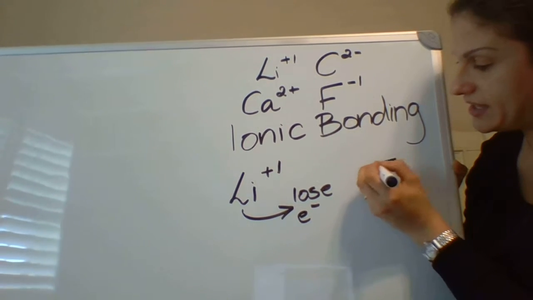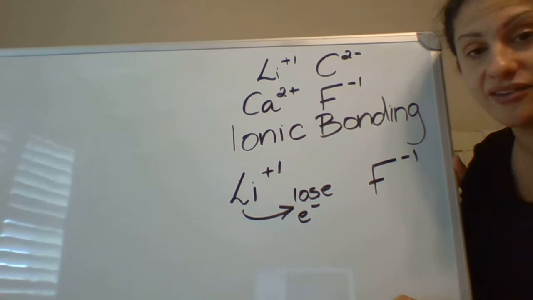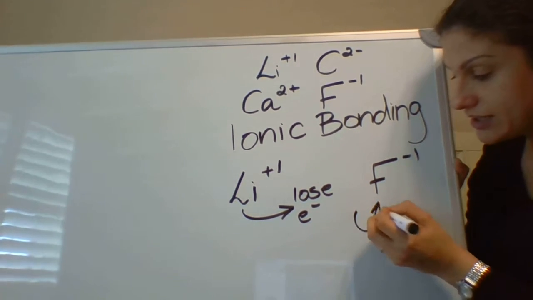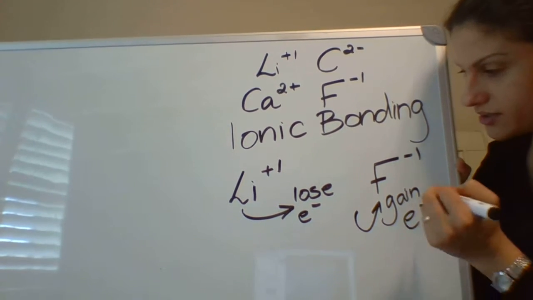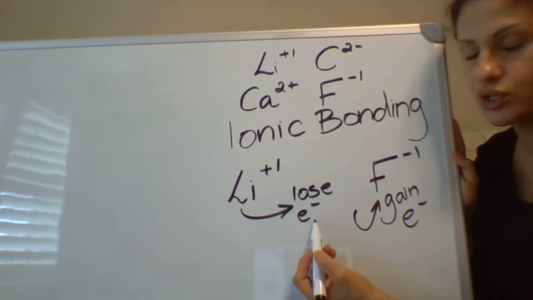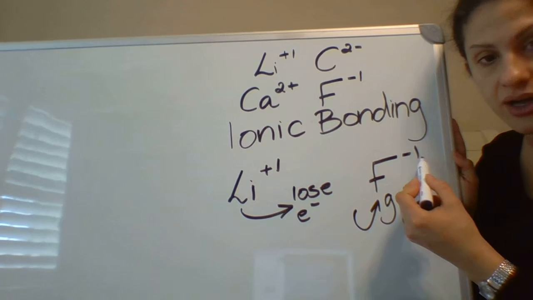Fluorine, if it wants to achieve its ideal state, has a -1 charge, which means fluorine would like to gain an electron. Look, it's a match made in heaven. Lithium wants to lose an electron. Fluorine wants to gain an electron.